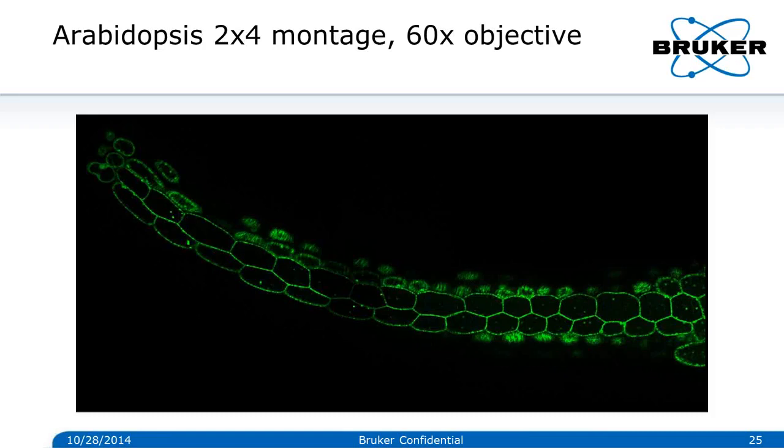Not a particularly large one as montages go, but the people looking at this specimen were quite happy with the speed of acquisition, because this was something they had been trying to do on a point scanning confocal, and it would take, I think they told me, up to 30 seconds to acquire something like this, whereas they were able to zip through this acquisition in a matter of just a few seconds with the Opterra system.